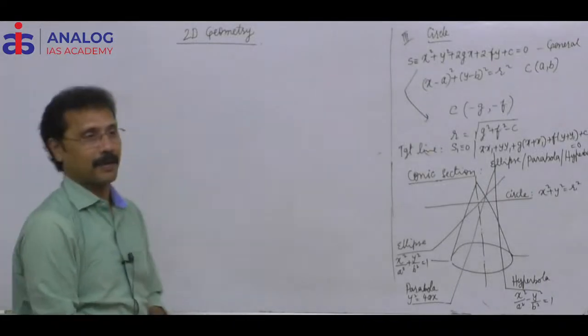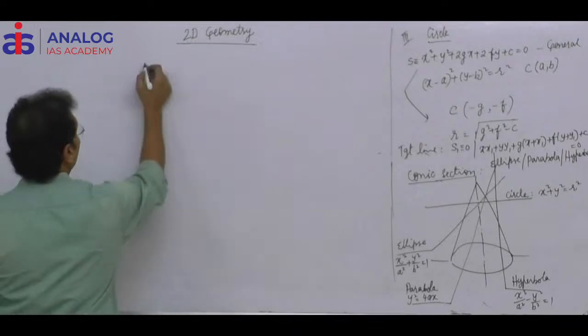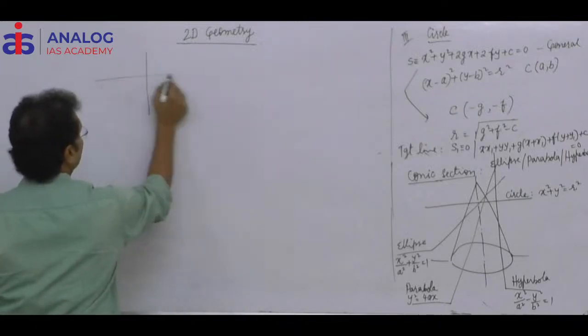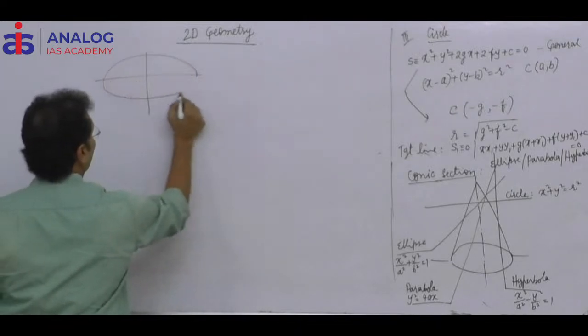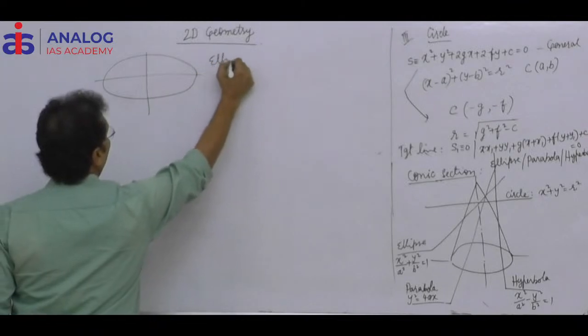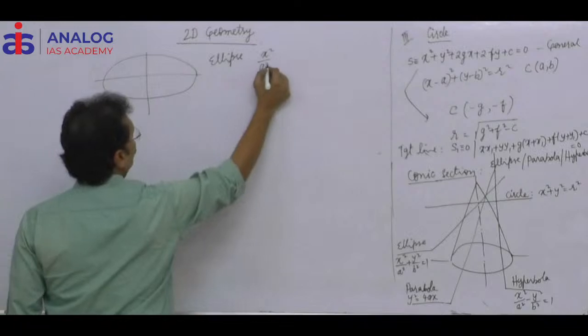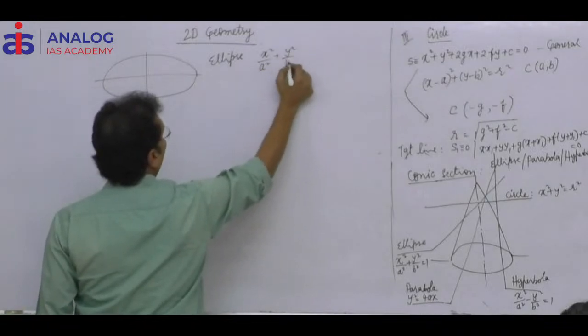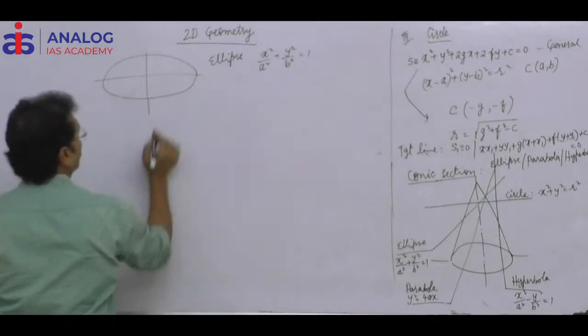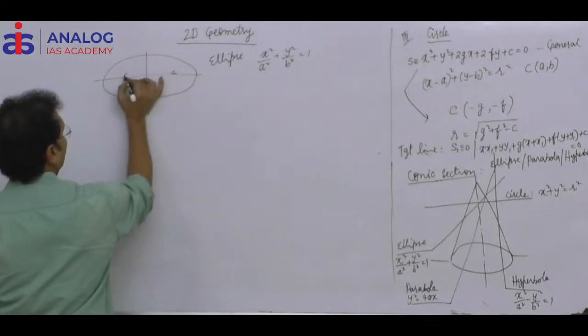Okay, circle, you know, ellipse: x square by a square plus y square by b square equal to 1. This length is a, this is b.